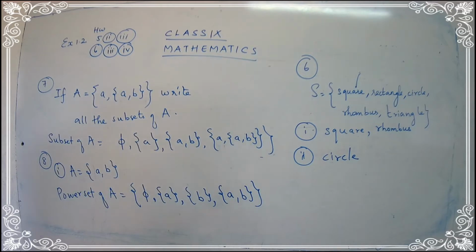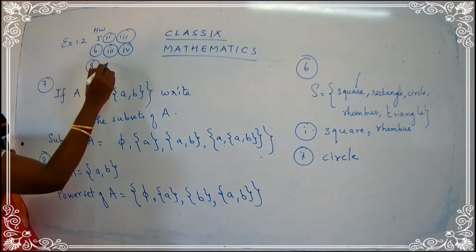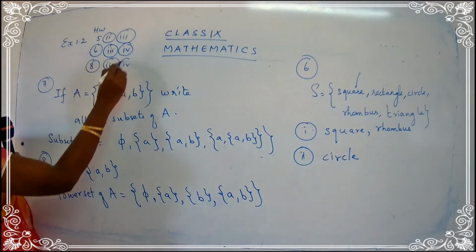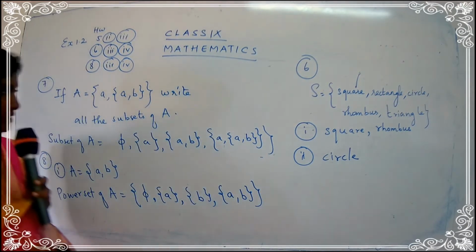Clear, children? Okay. Let's try out one more sum, the B one. And the third and the fourth will be homework. From question number 8, the third subpart and the fourth subpart will be homework. Try out the third and the fourth. Let's continue with the second subpart here.